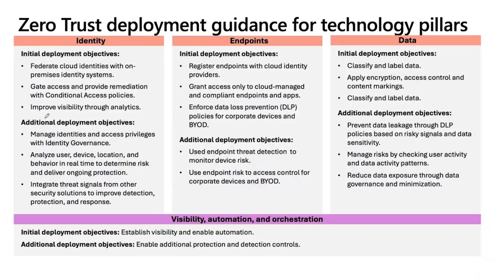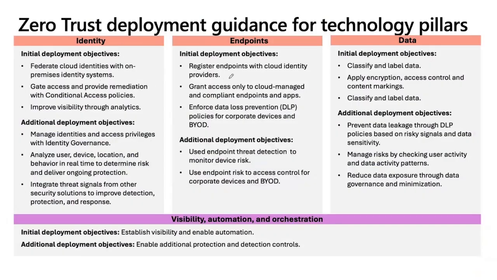Further, we can control identity in the organization using identity protection and governance options, also analyzing user, device, and location risks in real time. These things will definitely help to enhance security in identity, and that would be aligned with a zero trust approach.